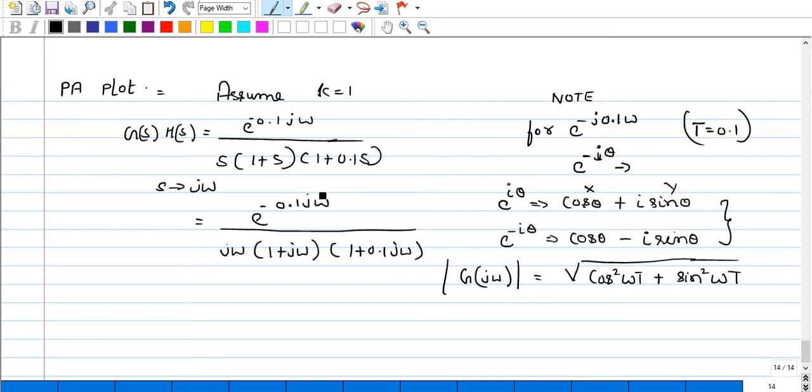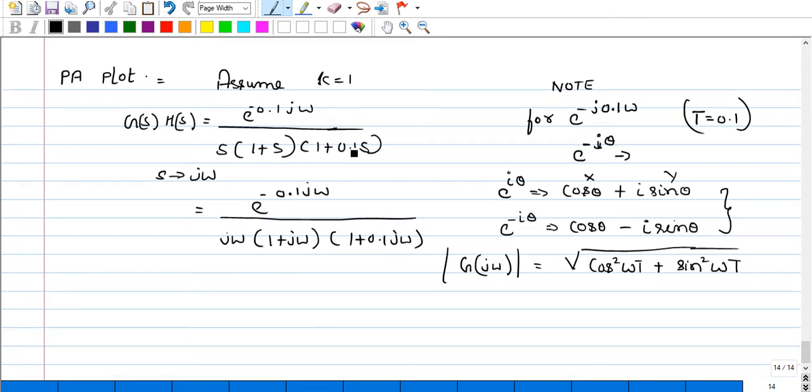Now how do we identify the angle? For G of j omega, if you want to identify the angle, it is given by tan inverse of y by x.